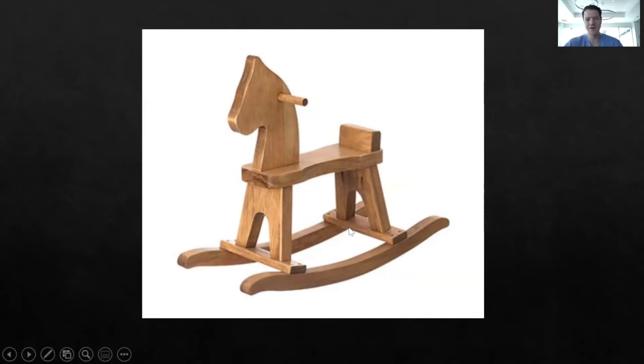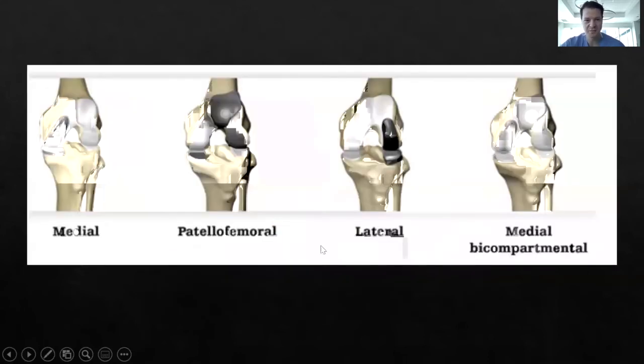And that's how we can think about knee replacement. If we just have one of those compartments that's broken and arthritic, we should just replace that one that's injured to preserve the rest of the knee as much as possible.